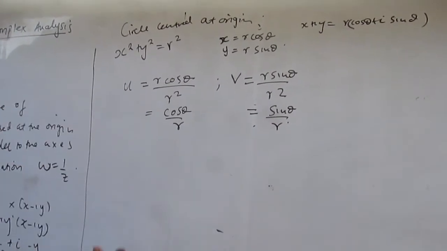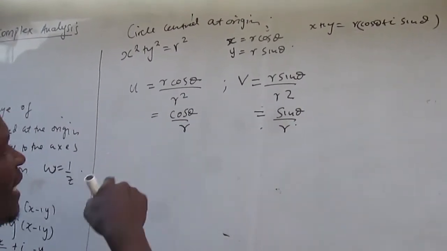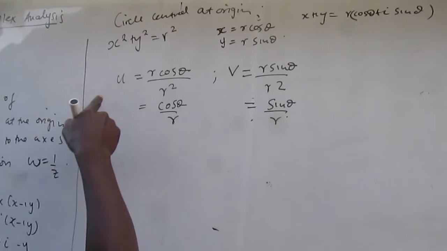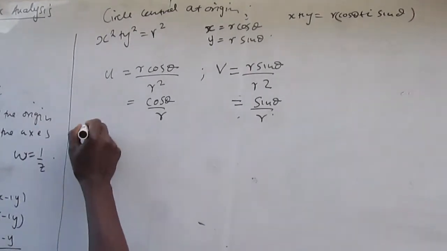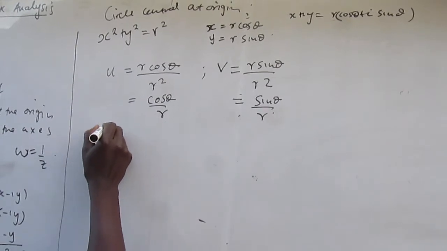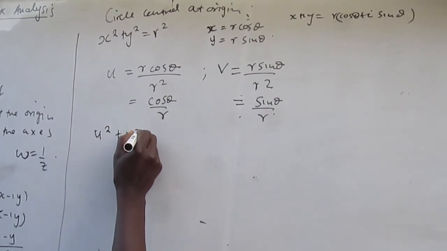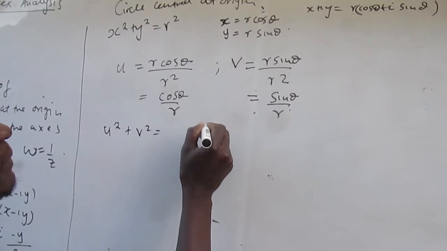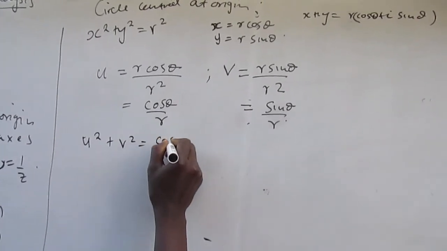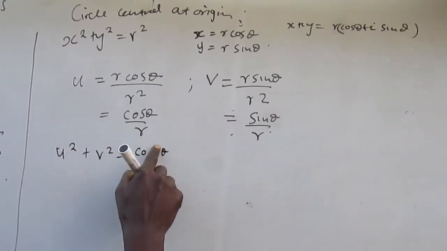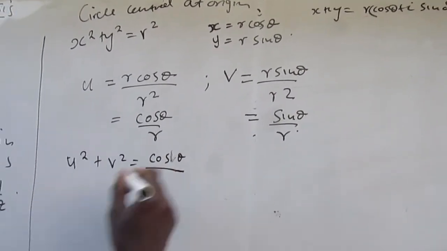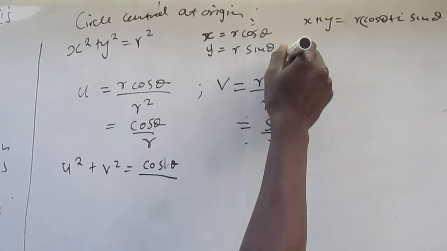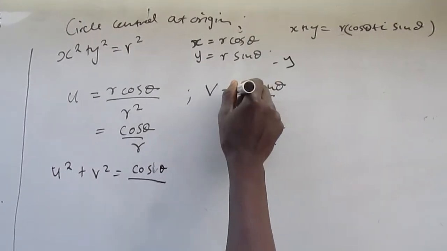So now next we may need to eliminate the thetas so that we have the expression of v in terms of r. So we can proceed as follows, that u squared plus v squared will be the same as the square of cosine of theta over r. And I beg your pardon, this should be negative because this is minus y, so this is negative.